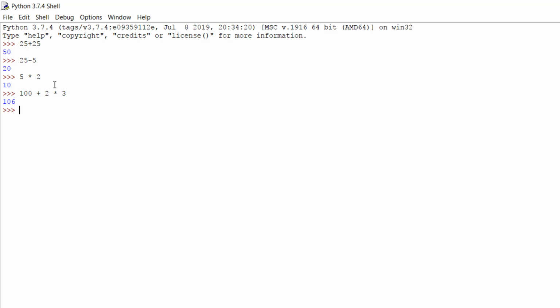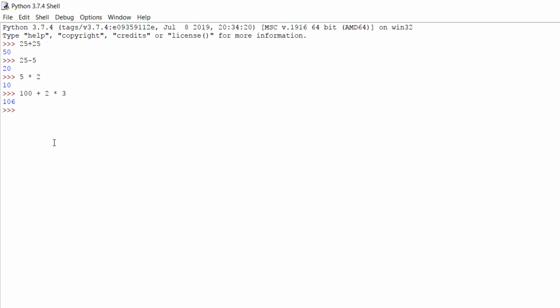So these are the basics, but what about the modulus, and what about the exponent, and what about the integer division? So let's look at some examples. Let me give you some examples of modulus operations. We use the modulus operator, for example, when checking whether a number is odd or even.